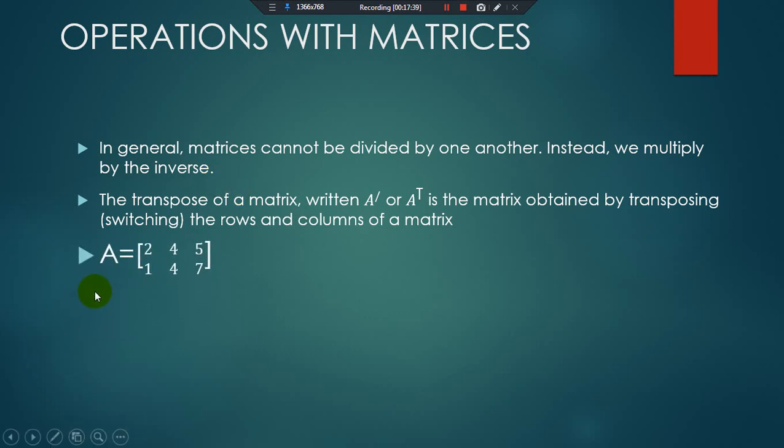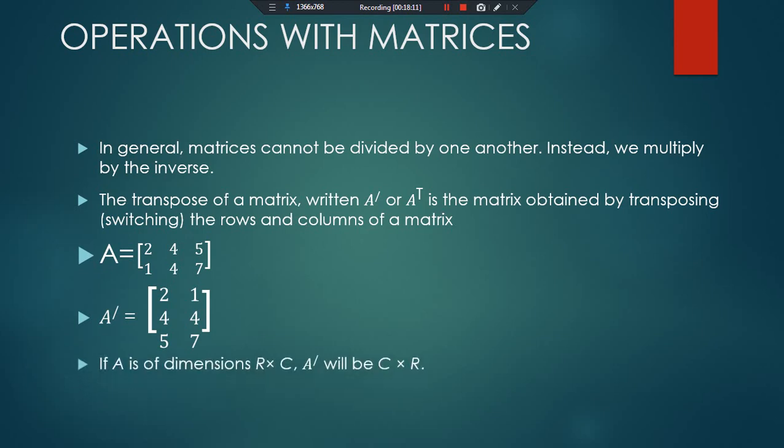If you have a matrix A, here you can see that you have 2 rows with 3 columns, and for the transpose of A, you are actually transforming the rows into the columns and columns into the rows. So you can see that 2 4 5, you are writing this row in the form of a column 2 4 5, and here you have the transpose with 3 rows and 2 columns.